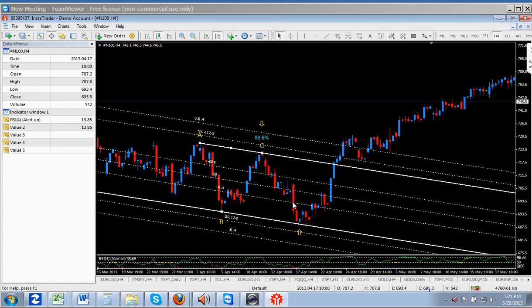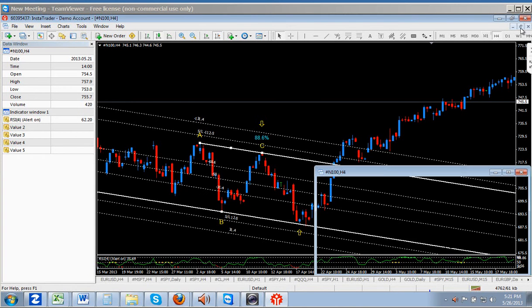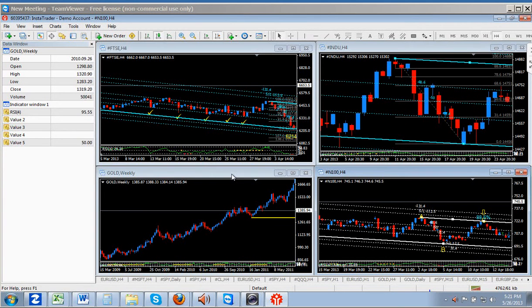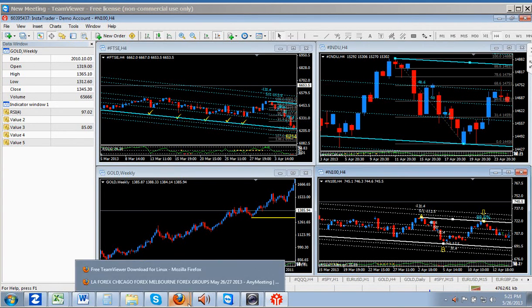It blew by the third one in a very strong move, but you had to play at the lower channel, which is plot line B for a buy, and that was a nice move there. Okay, so you have several different examples from the stock index to gold to currencies.